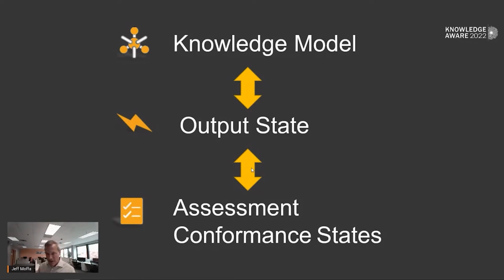And hopefully you know what I'm talking about because we're in an advanced session. What's really interesting is the abstraction between the models always producing a consistent set of output states, and then Auros IQ allows you to map those consistent universal output states to a conformance state, which is of your business process's choosing. Pass, fail, conforms, non-conforms, red, green, yellow, complete, incomplete, whatever terms you want to use.